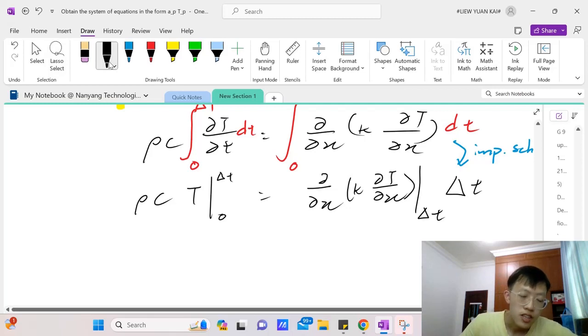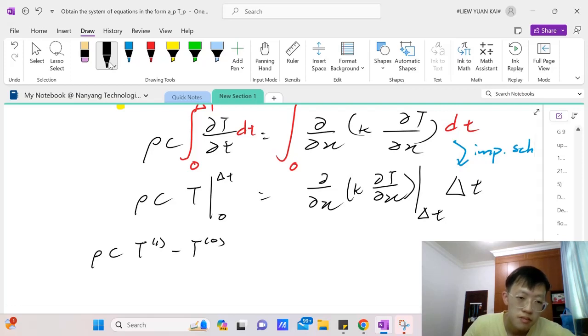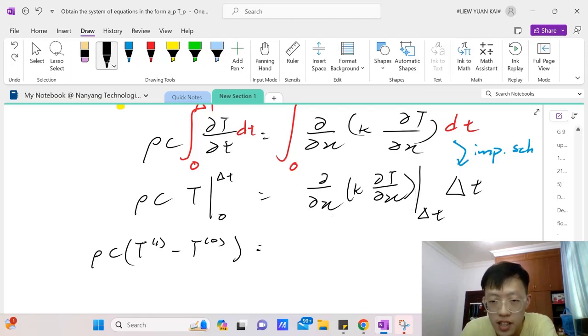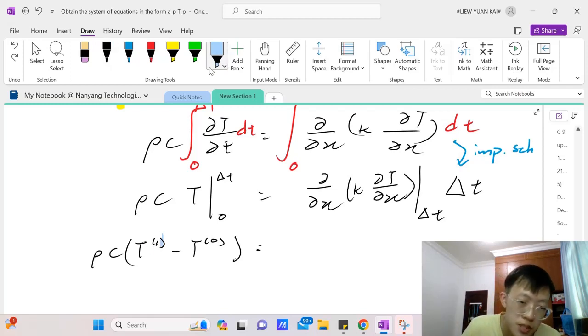So if we evaluate this integral, it will be T1 minus T0, and then on this side, I'm going to annotate it like this. You see, it is this function evaluated at delta t, and anything I evaluate at delta t, I'm just going to put this superscript 1.